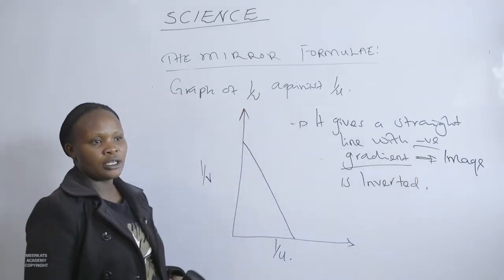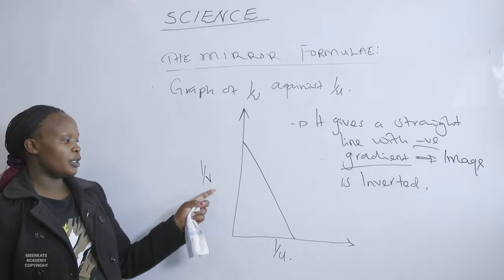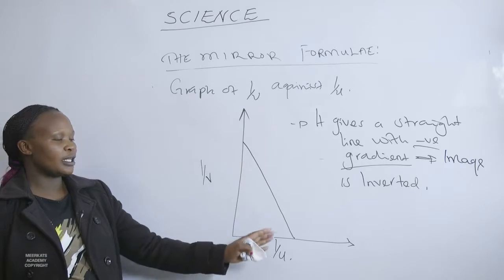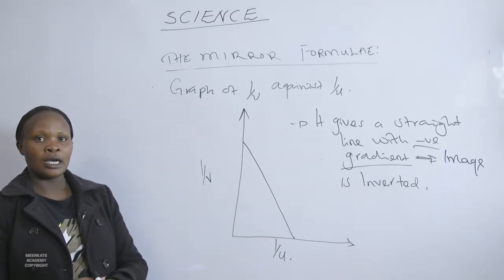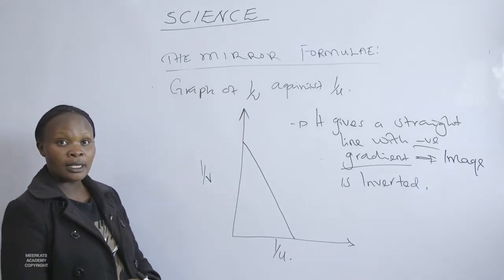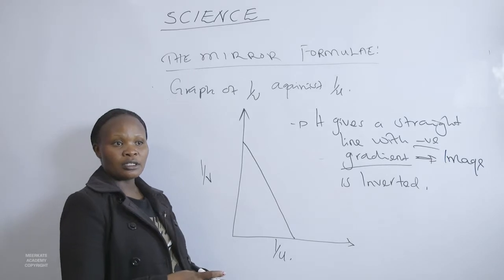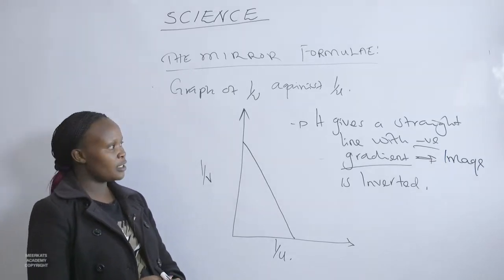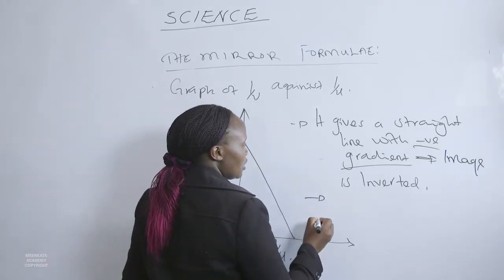A graph of 1 over v against 1 over u is a straight line, but it has a negative gradient, and this should imply that the image that is formed is actually inverted.